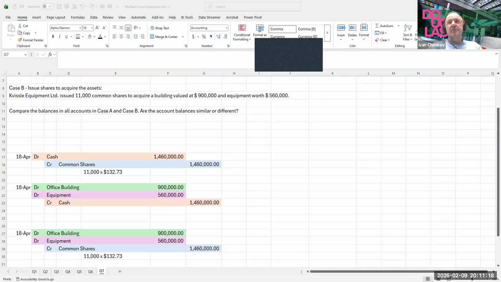Warranty will be the first. Then you're going to have a question for the GST, and you have to come up with the GST recoverable, GST payable, that kind of thing.